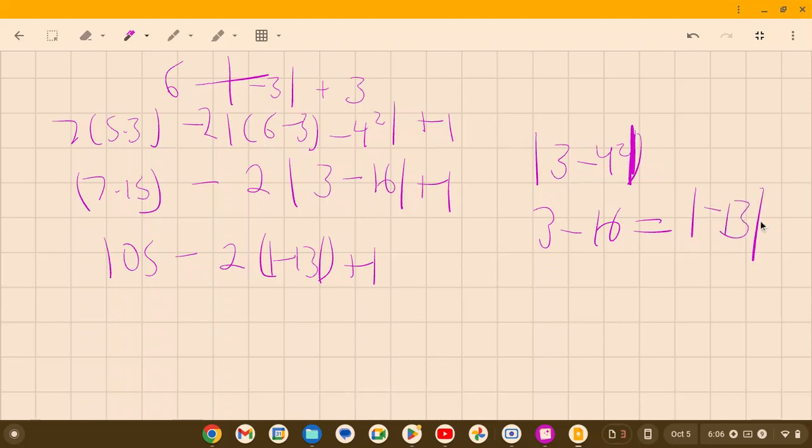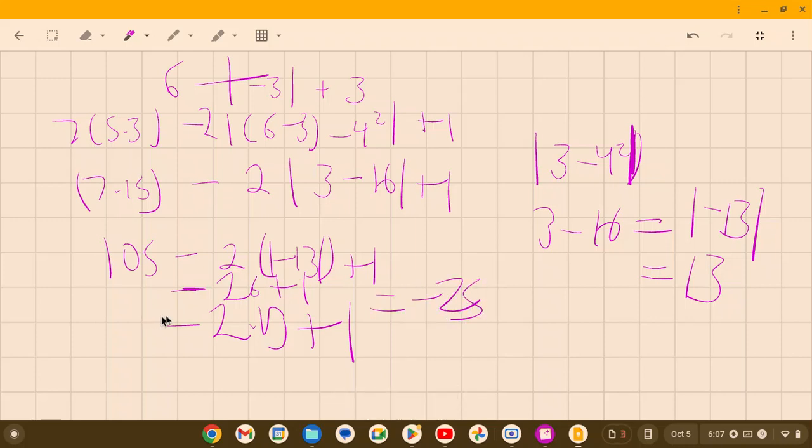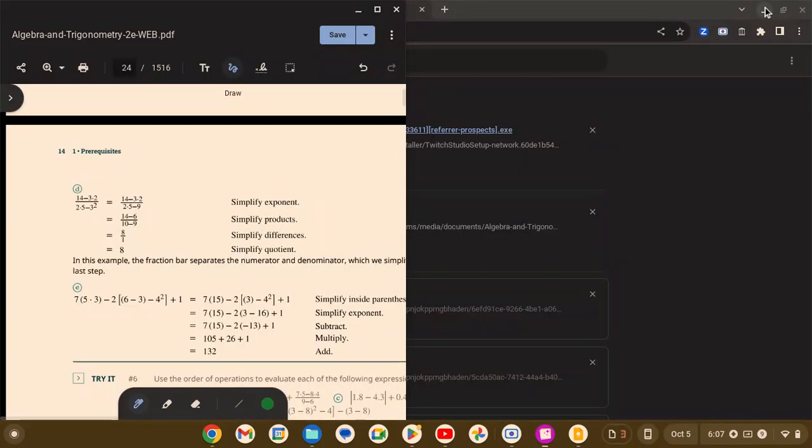Then you absolute value it. So then you get 13. So minus 2 times 13 plus 1. 26 plus 1. Negative 26 plus 1. 25. So it's 80. My answer's right, in my opinion. I could be wrong. I could be doing the order wrong somehow, but I just don't see how they took out the absolute value sign. So I'm going to assume that that was a typo.